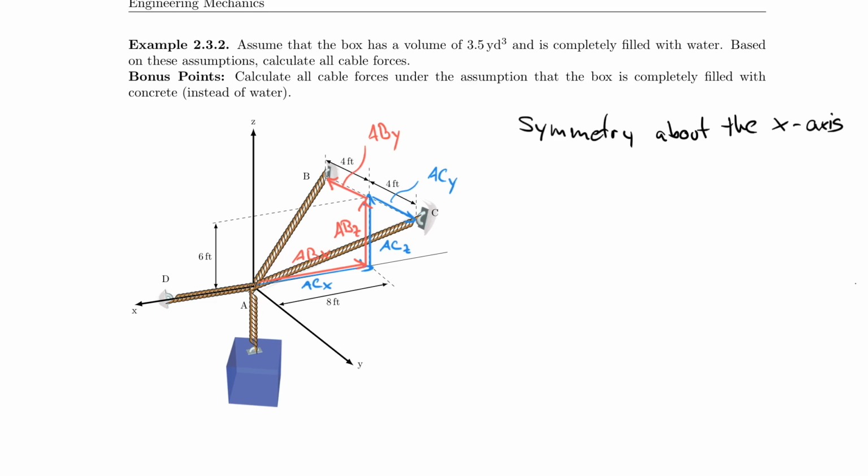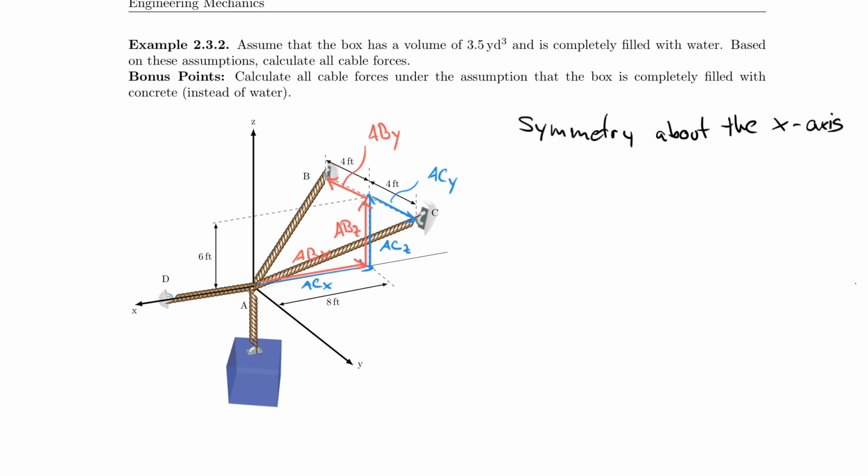And you can already tell from this picture now that these two forces together, ACX and ABX, have to be balanced by AD. ACZ plus ABZ have to balance the actual weight. And then ACY balances ABY. So that's how you generate the balance here.